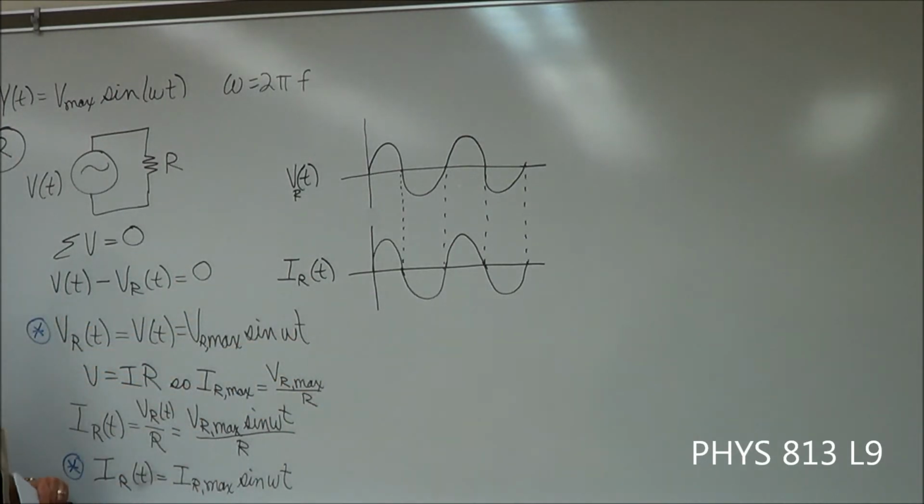The idea is that we will have a phasor diagram for the capacitor and another one for the inductor, and then in the next lesson we'll put all of those together and develop one large overall phasor diagram. But in order to understand that, we need to do the individuals first.